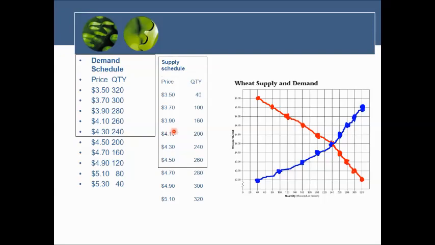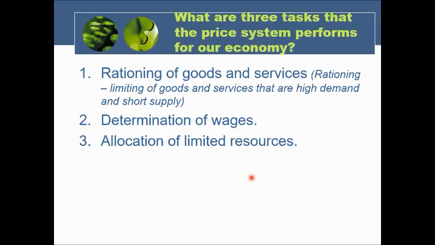And on the supply schedule, the price goes from 350, which is lower, and then increases to 5.10, and the quantity supplied also increases from 40 to 320. Okay? So please analyze based on the demand schedule.